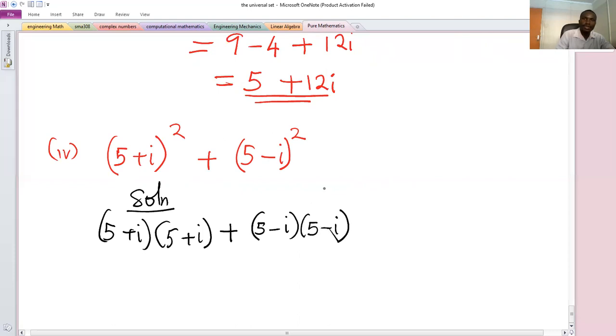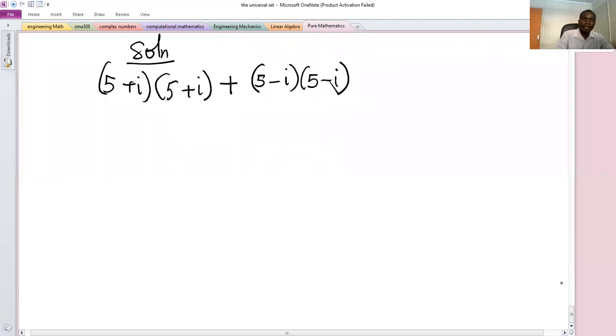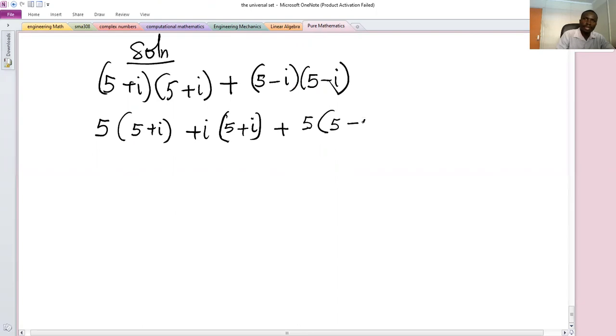This is the interpretation of the squares. So we write this as 5 into 5 plus i into 5 plus i plus 5 into 5 minus i into 5 minus i.